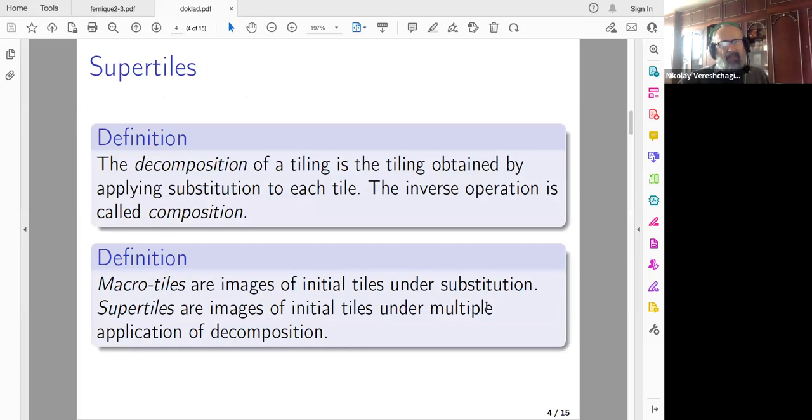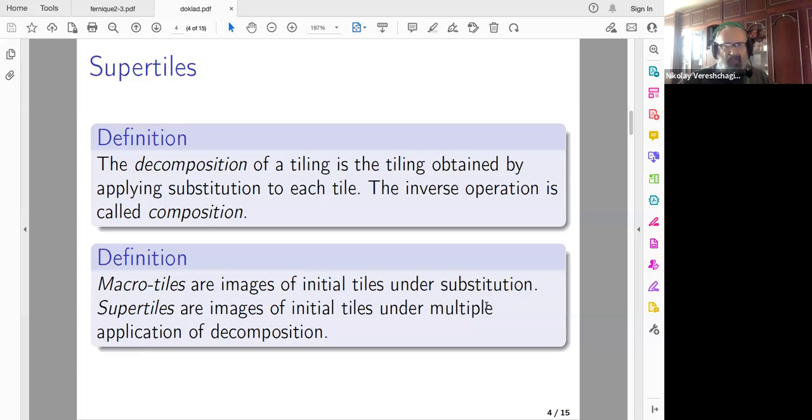Assume that we are given a tiling, say of the plane, or of a part of the plane, and then we substitute each tile by the right-hand side of the rule in the substitution. That means we just cut each tile. And the resulting tiling is called the decomposition.